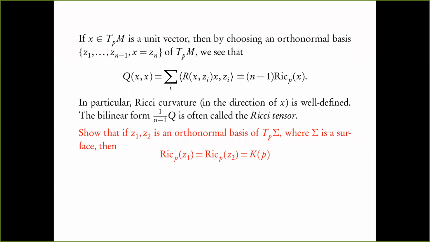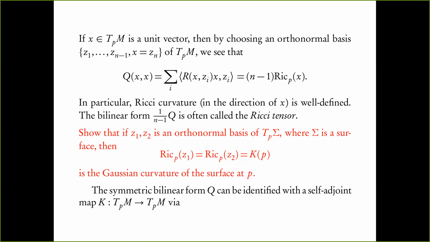So for an orthonormal basis, all these quantities are the same. This is a simple one-line computation which follows easily from the original computational definition. So this says that the Ricci curvature or the scalar curvature is something that you already know.